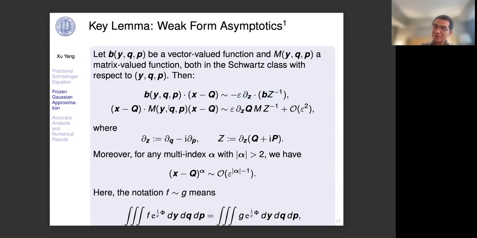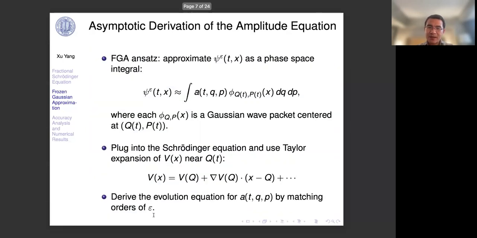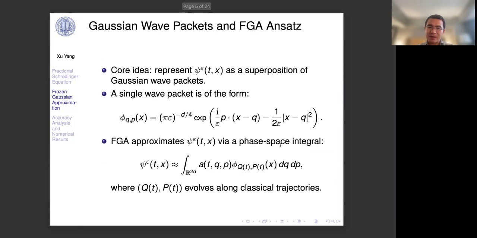And the cancellation only happens for the odd power of x minus q. Because of x minus q times the exponential, you have a polynomial multiplied by a Gaussian function, and then you integrate it. So think about the integration of y times e to the negative y squared over 2. Because this is an odd function, when you integrate y from minus infinity to infinity, this will be 0.